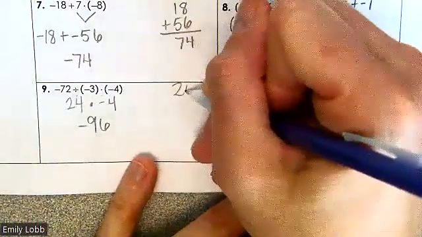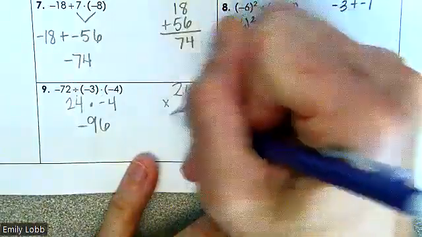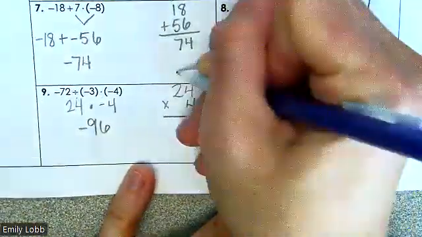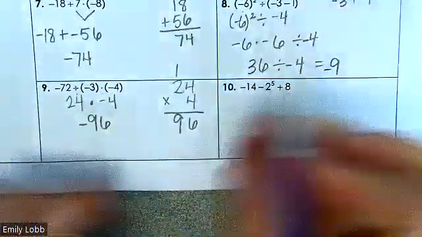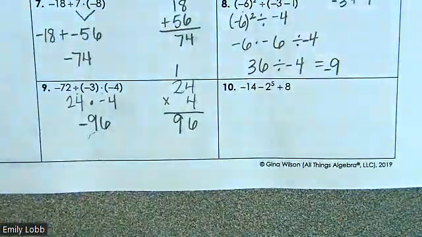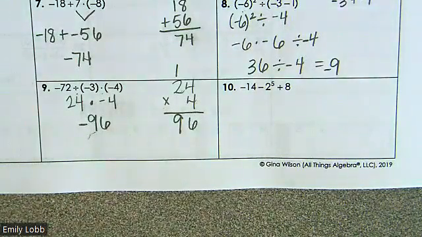Guys, if you need to change and multiply this way, do so. 4 times 4 is 16. 4 times 2 is 8 plus 1 is 9. My signs are different, so my answer is negative. This is why it's so important that you had your integer rules down, right? We should have those down. It's just because the word didn't get shown for the multiplication divided by 3.